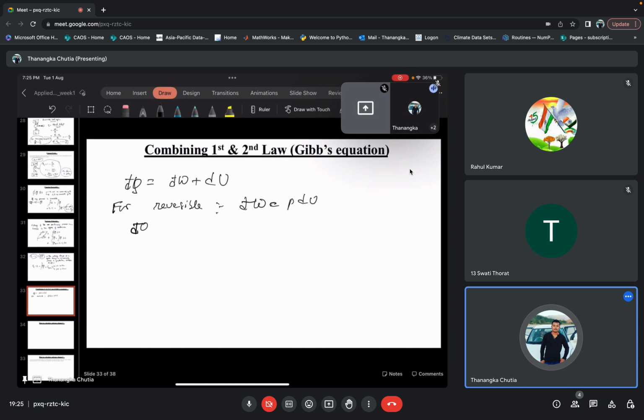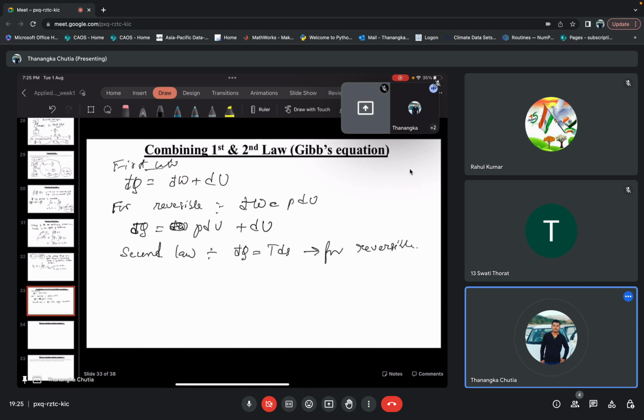So dQ equals PdV plus dU. From the second law, if it is a reversible process, dQ equals TdS. So then we can write TdS equals dU plus PdV. So this is one equation.